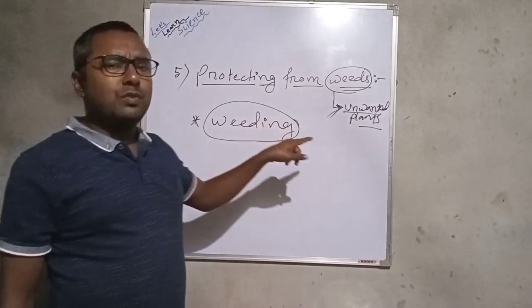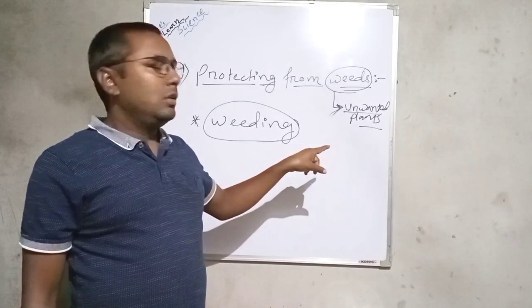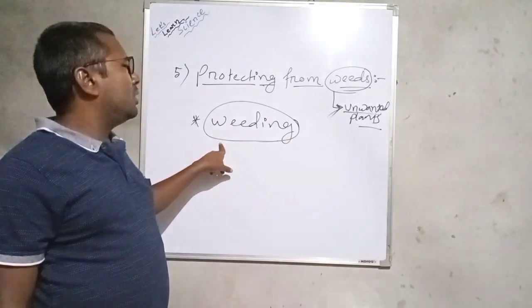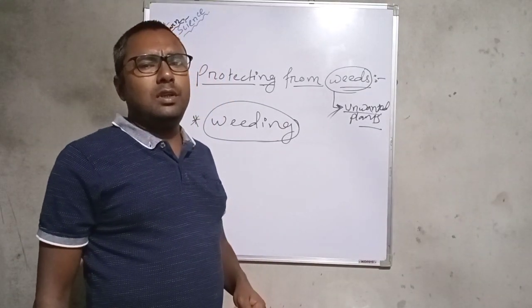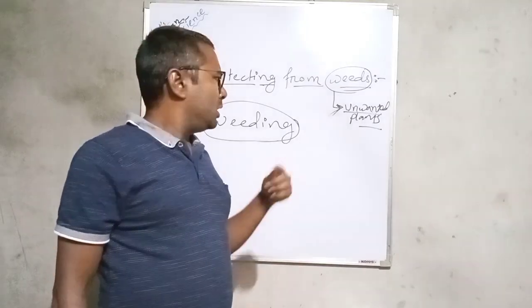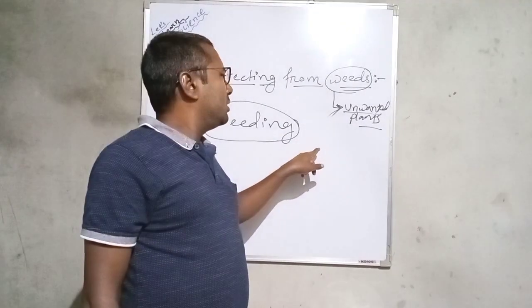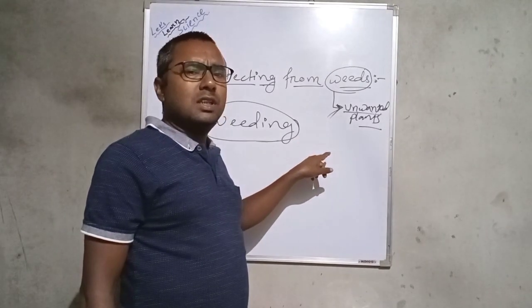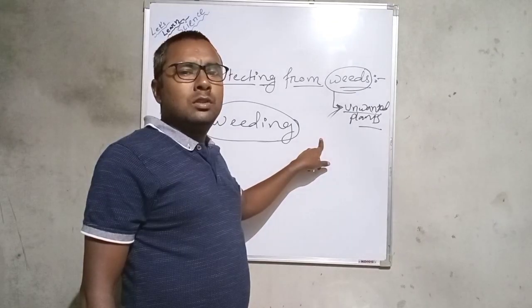Weeding means removing weeds from the agricultural field, or you can also say removing unwanted plants from the agricultural field that fight for the nutrients, sunlight and other essential substances that are required for the plant, and they compete with the crop plants.